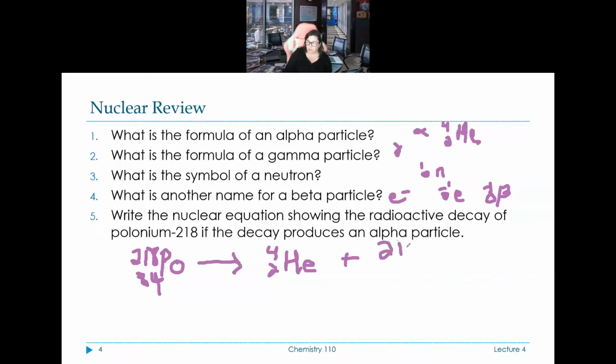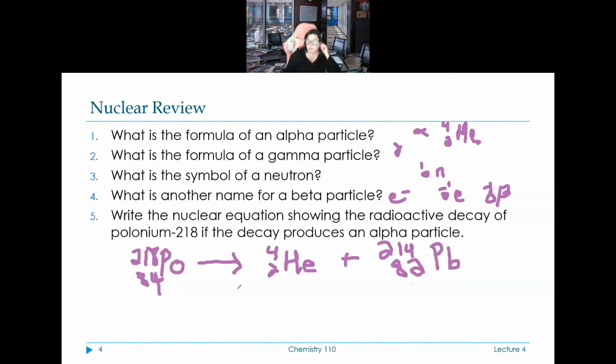So that's its mass. And I have 84 minus 2 gives me 82. And if I have 82, then what the heck is that? Well, that's lead. So that's lead 214.